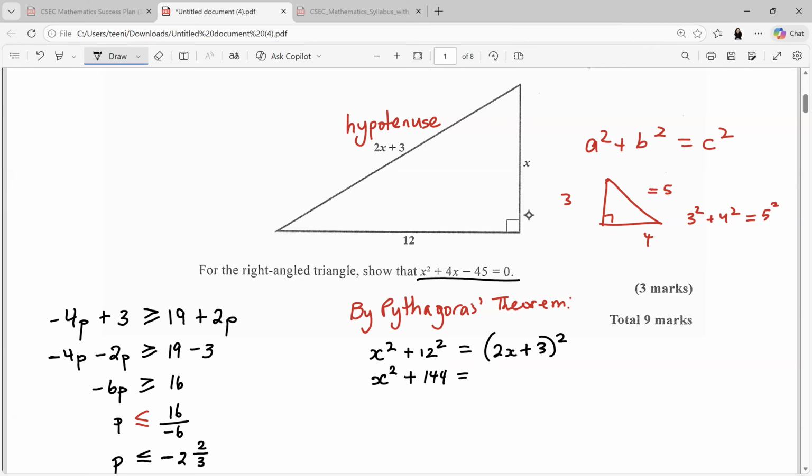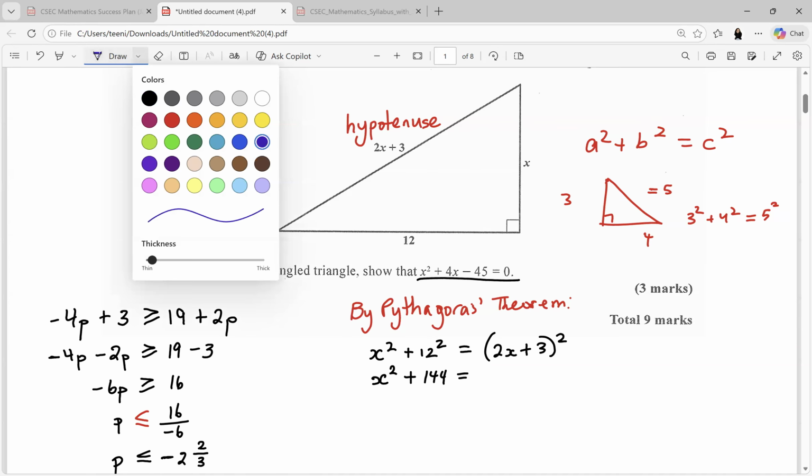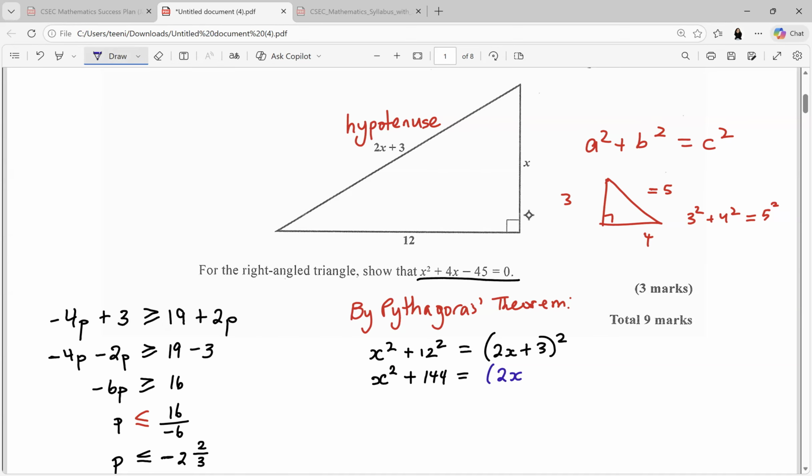Now, guys, (2x plus 3) squared isn't just squaring what's inside. You wouldn't just say (2x plus 3) squared is 4x squared plus 9. That would be incorrect. (2x plus 3) squared is actually equal to (2x plus 3) times (2x plus 3).